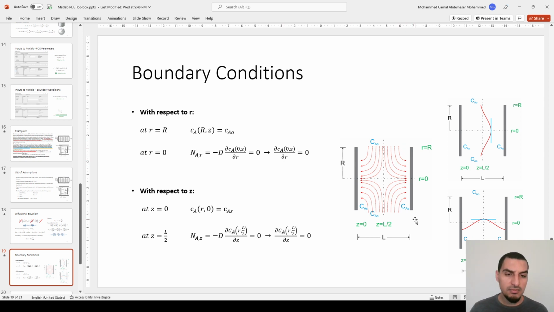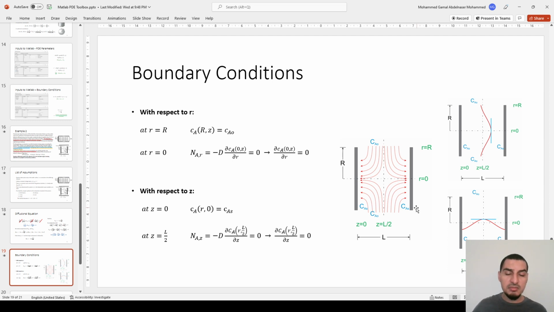As we said, we have CA S here, CA S here, CA node here, and CA node here. So the boundary condition is that CA at R and Z, at uppercase R, at this radius, is always CA node. So this is constant.